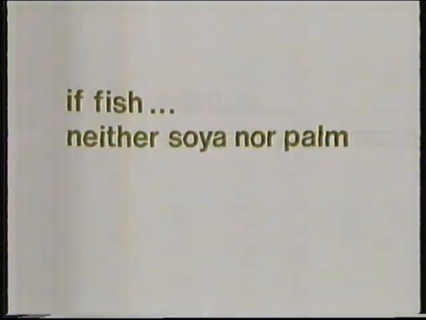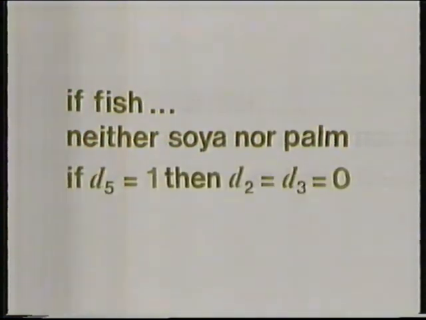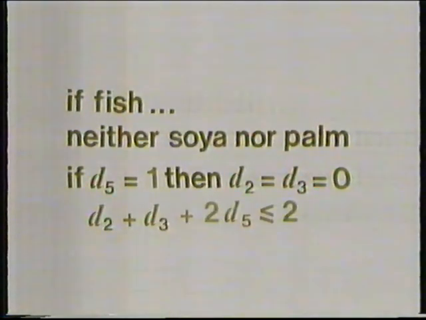If fish is in the blend, then neither soya nor palm. In terms of our new variables, this is if D5 equals 1, then D2 and D3 must both be 0. The single linear constraint, this is a rather surprising fact. Let's check that this works.